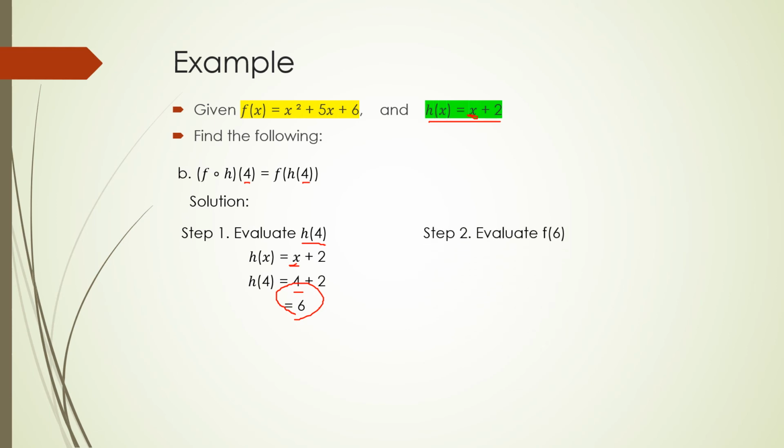Step 2, we evaluate f at 6. Why 6? Because that is the value of h of 4. The value of h at 4 is equal to 6, that's why we use 6 here.